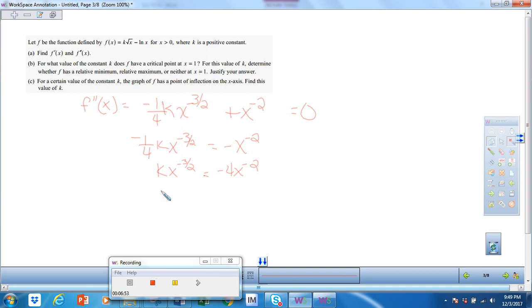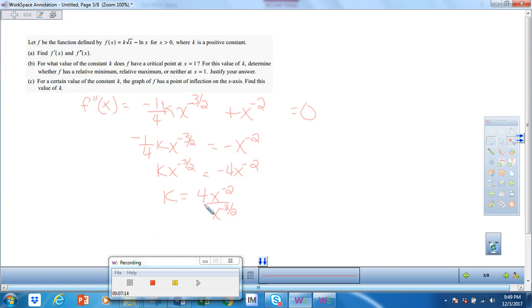Dividing by x, I get k is equal to 4x to the negative 2 over x to the negative 3/2.